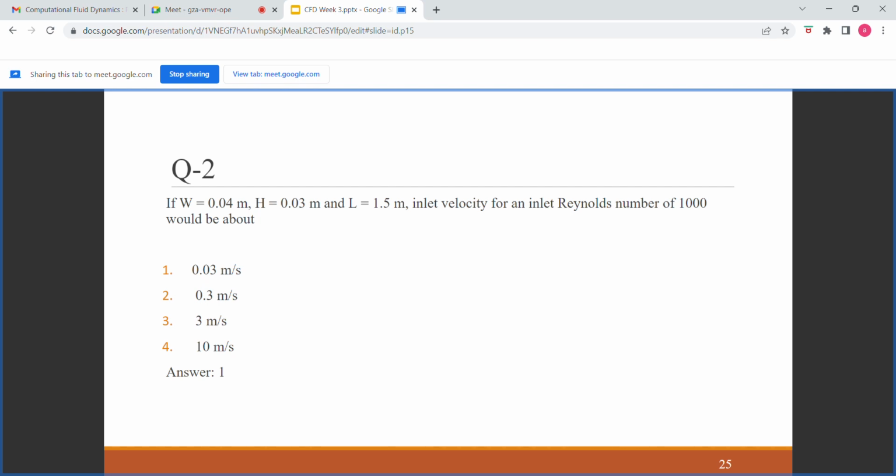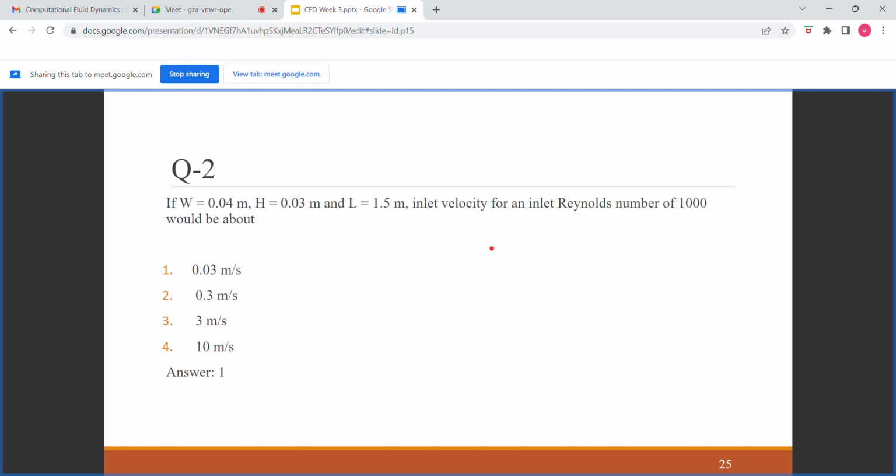They have given the width of the rectangular duct, and the height of the duct is given as 0.03 meter, and the length of the duct is also given, 1.5 meter. It is asked that the inlet velocity for an inlet Reynolds number of 1000 would be what?